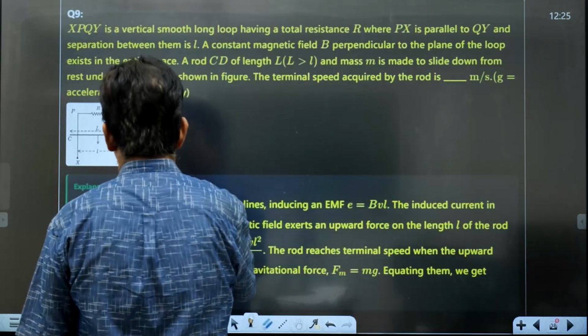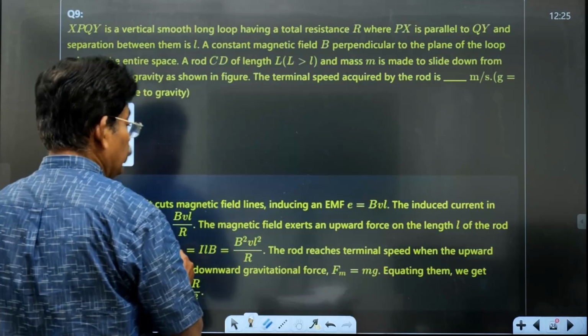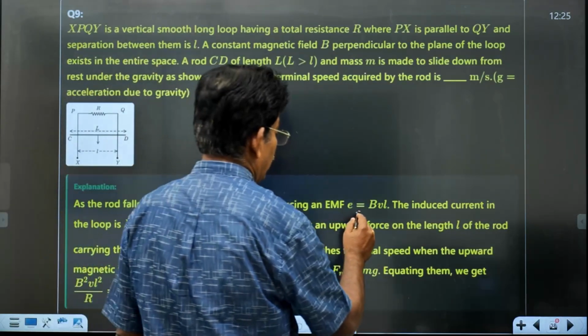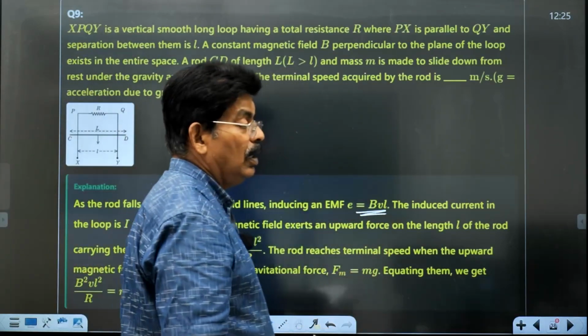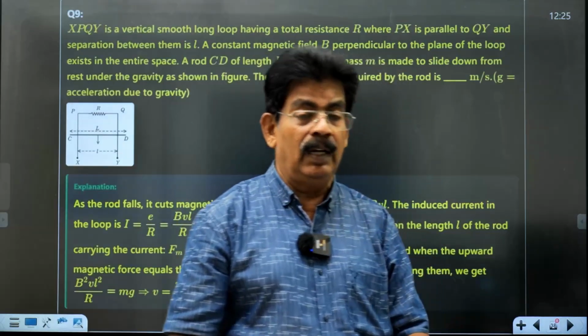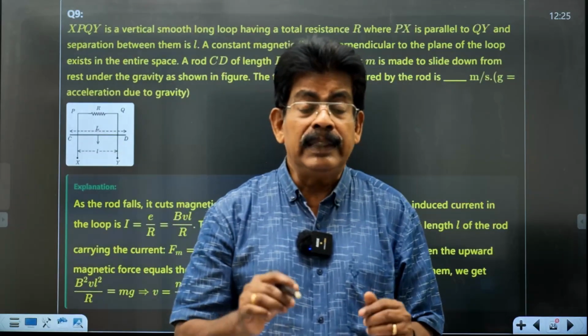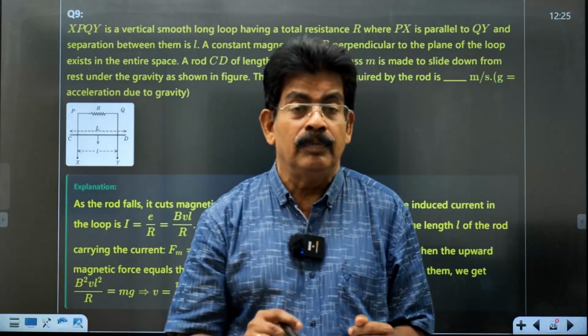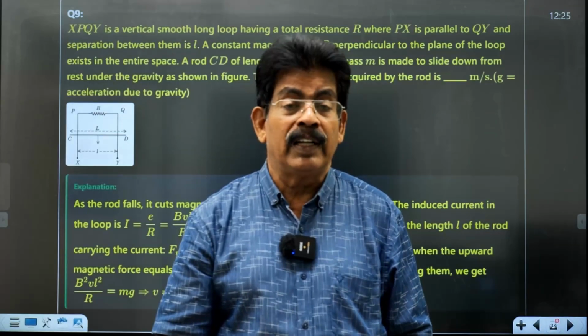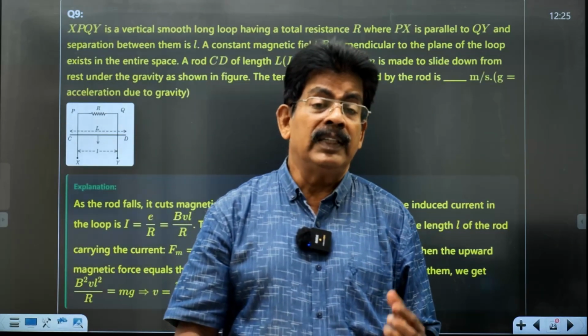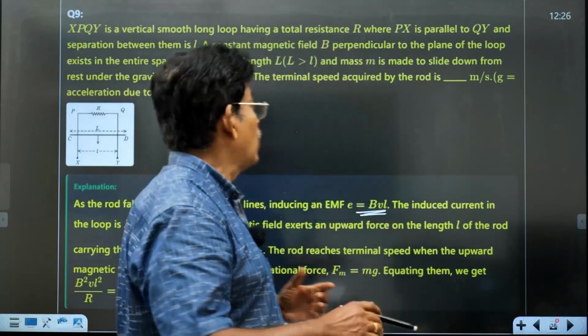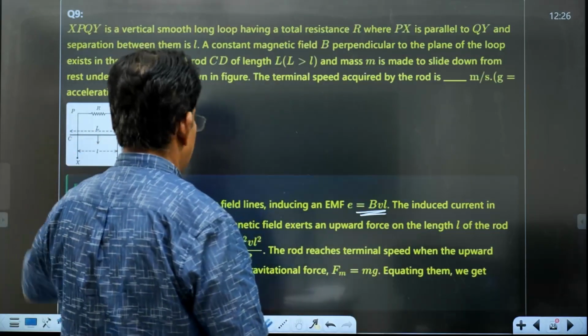Look, we can find that induced EMF will be BLV. Remember, the length of the rod is capital L, but the length of the rod within the frame, what did you take? That is small l only. That is the separation between rods PX and QY.